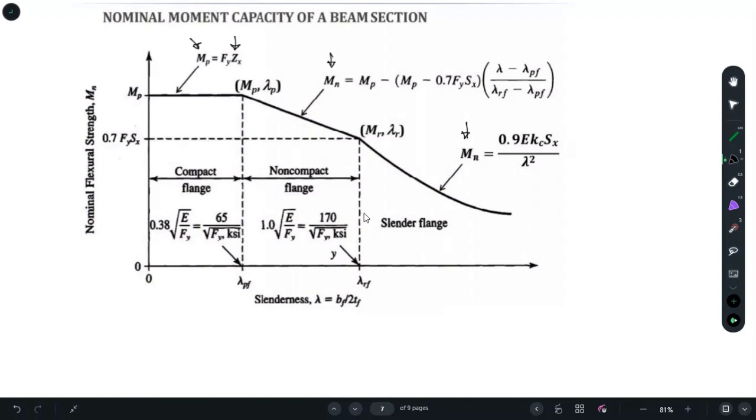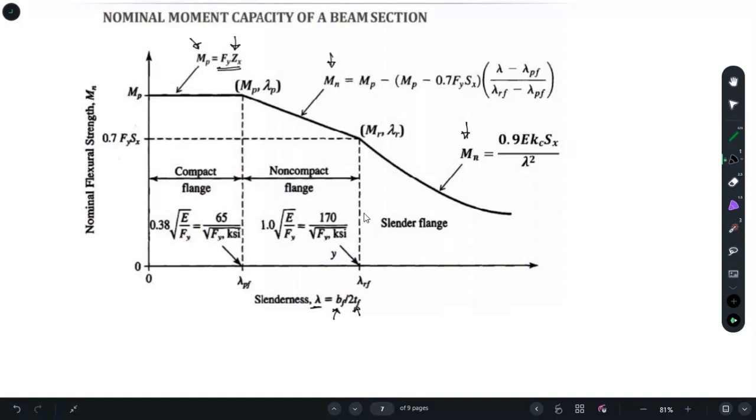Well, you can use this formula, Mp equal to Fy Zx, if your slenderness ratio, lambda, equals bf over 2tf. Here bf is the width of flange and tf is the thickness of flange.